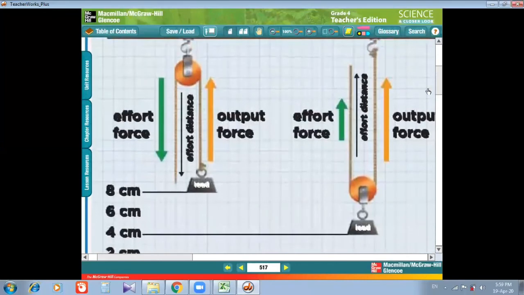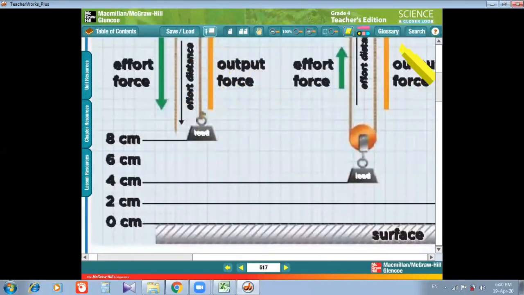If you see here, this is the fixed pulley, this is the movable pulley. For the fixed pulley, for example, the person has to pull over here. But in the case of the movable pulley, the distance is more now. It was 8, now it's 4. It means 4 centimeters has increased. So in a movable pulley, the output force will be double, but the effort distance will also increase.